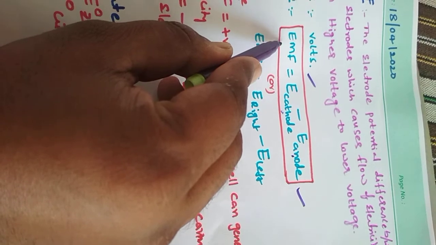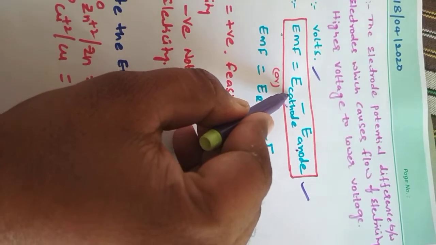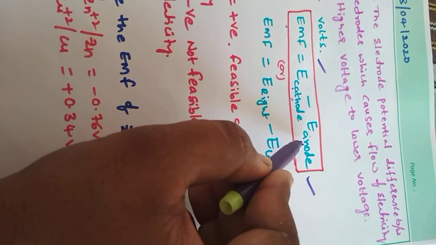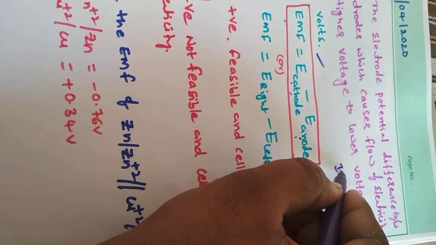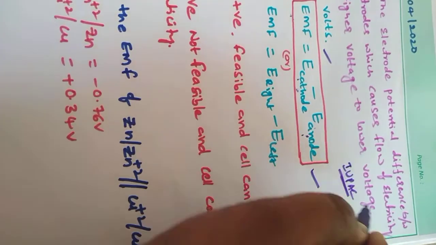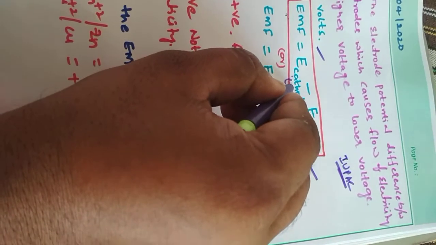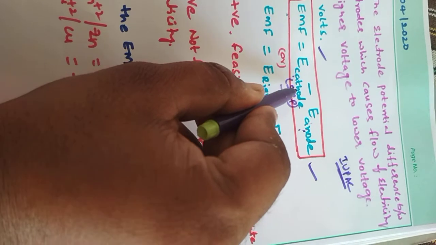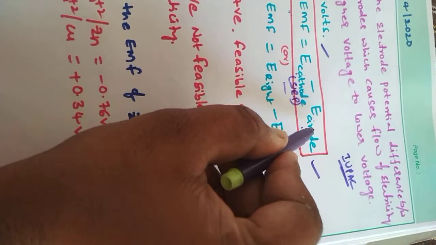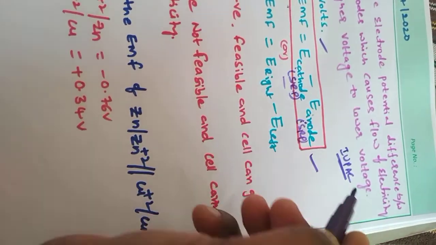The formula to calculate the EMF is the standard electrode potential of cathode minus the standard electrode potential of anode. But according to IUPAC rules, we always have to substitute the values of standard reduction potential: the standard reduction potential of cathode minus the standard reduction potential of anode.